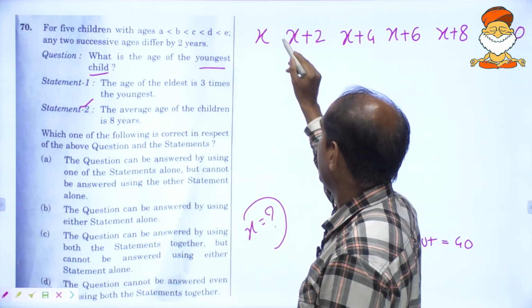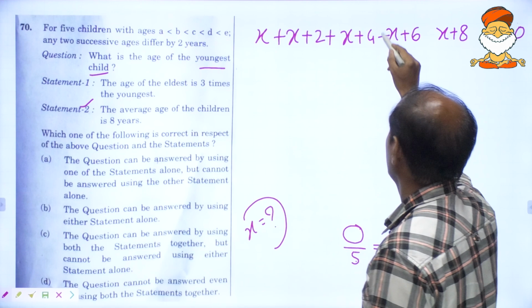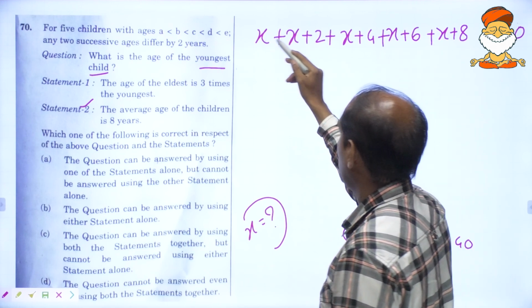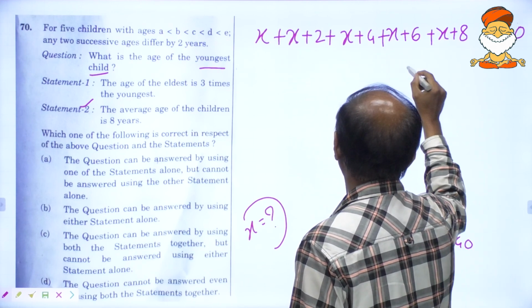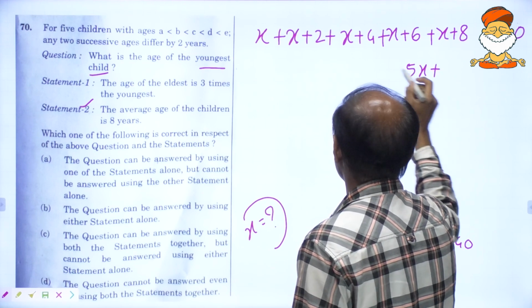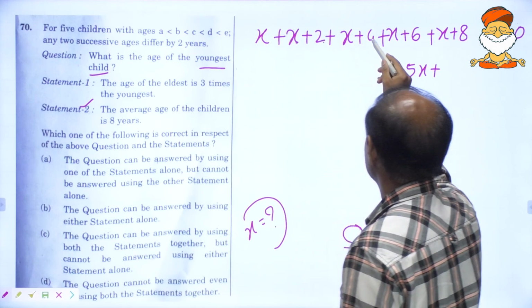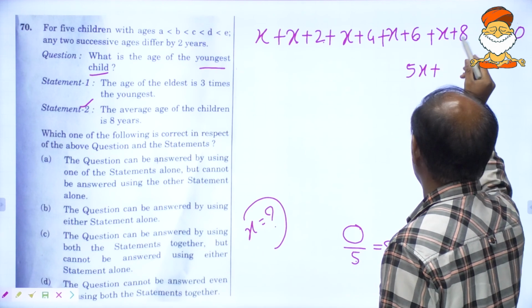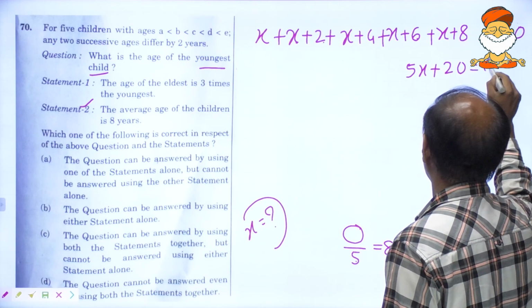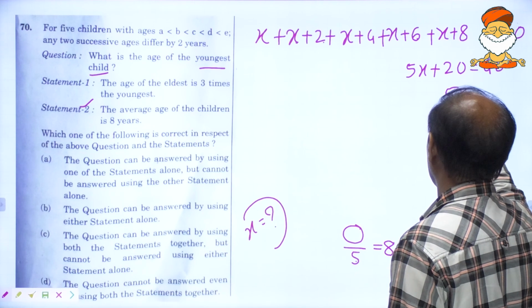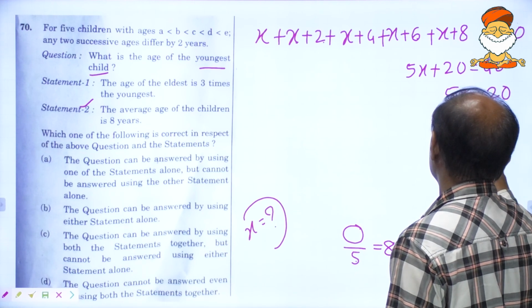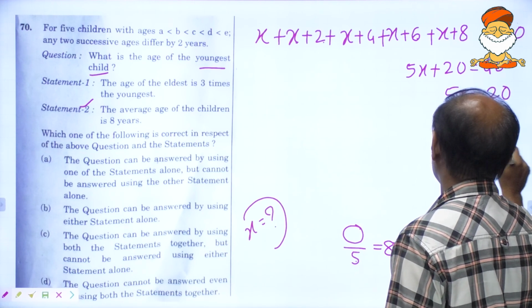Is it not? X, X plus 2, X plus 4, X plus 6, X plus 8. 1, 2, 3, 4, 5 X's. This is 2, 6, 12, 20. Here you can find out the value of X, which is 4.